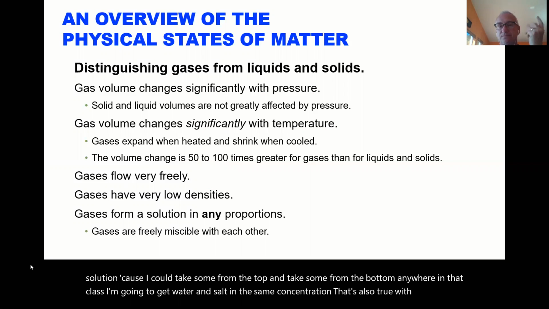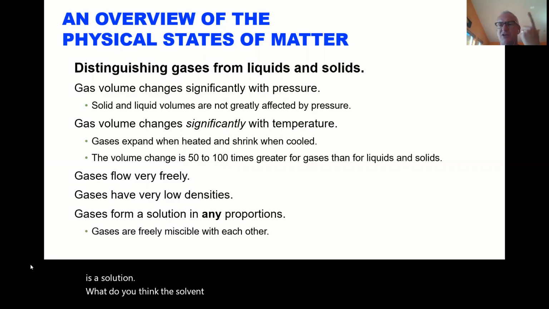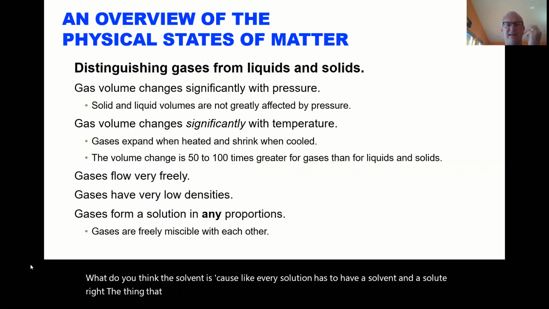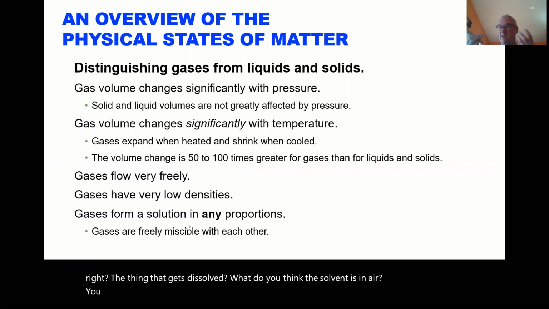Air is a solution. What do you think the solvent is? Because every solution has to have a solvent and a solute, the thing that gets dissolved. What do you think the solvent is in air? Think about what makes up air. Is it nitrogen?